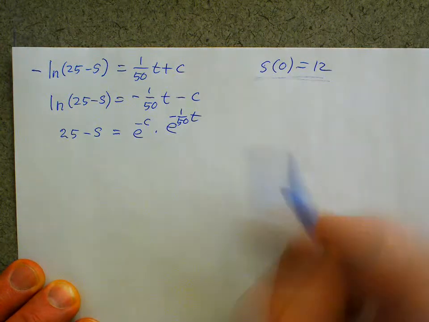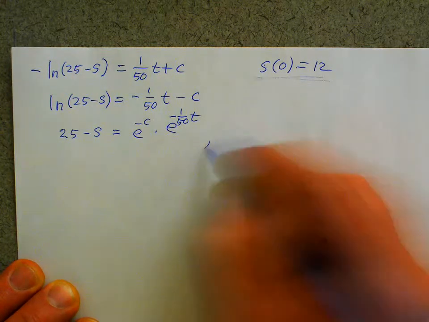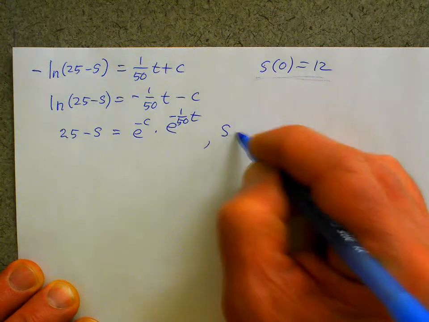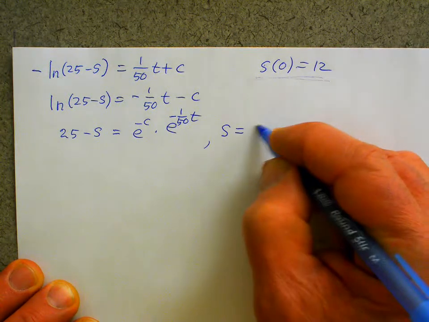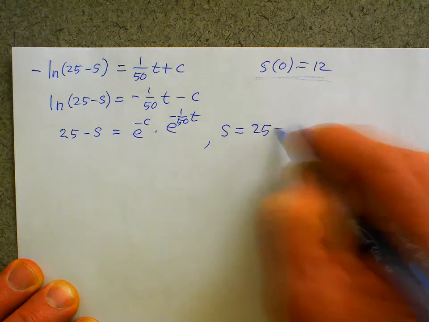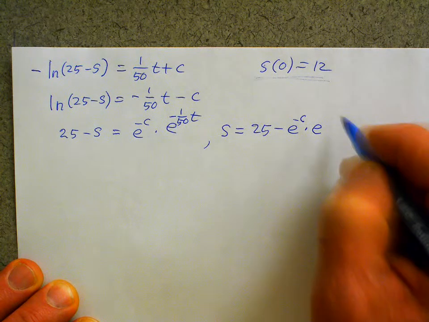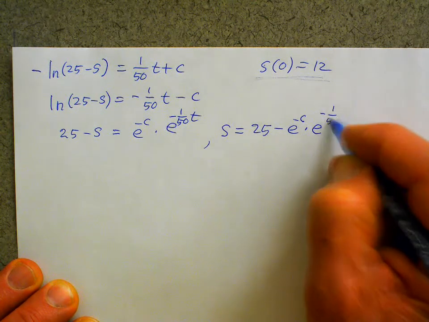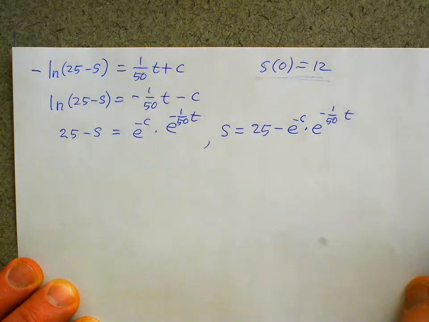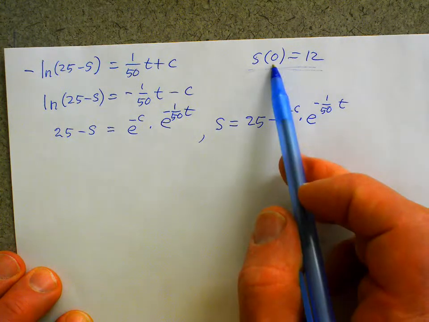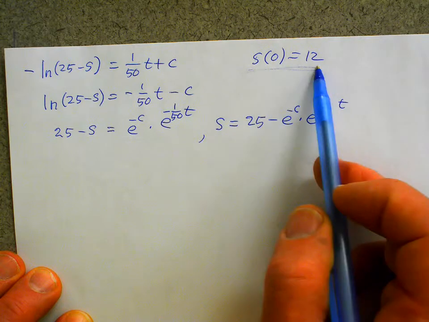And then when we solve for s, add s to both sides, subtract this, we get s equals 25 minus e to the -c times e to the -1/50th t. And then we use the initial value s of 0 equals 12.